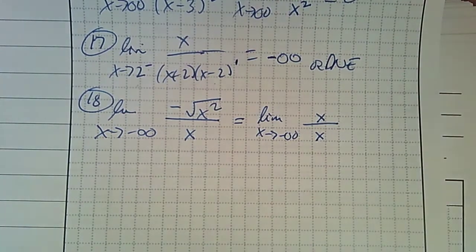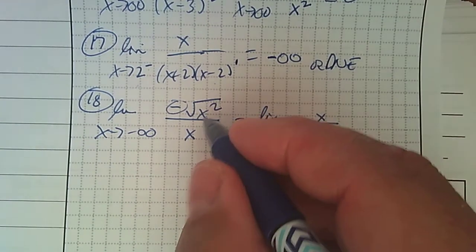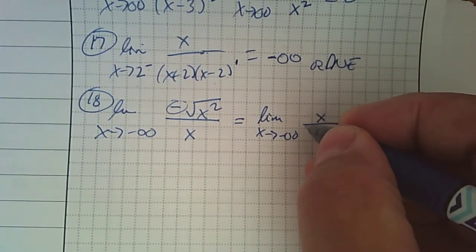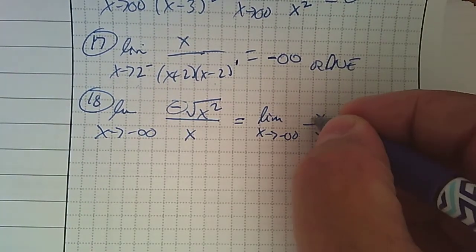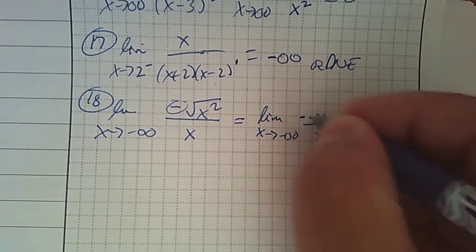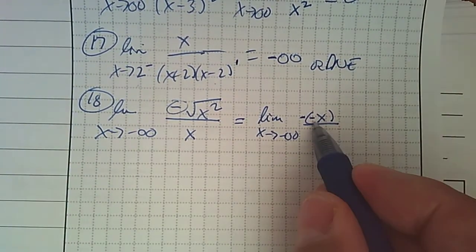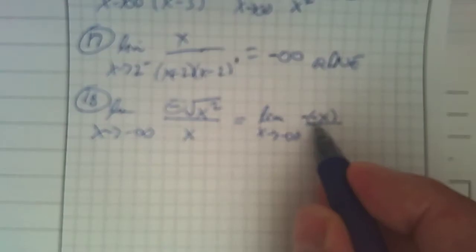Now, the thing we need to worry about is this minus sign. Now, when I take the square root of x squared, like solving a quadratic, the answer could be positive or negative. For the left end, it's going to be negative. But we still have a negative in front. So for the left, I write negative x. If it was the right end, it would be positive x.